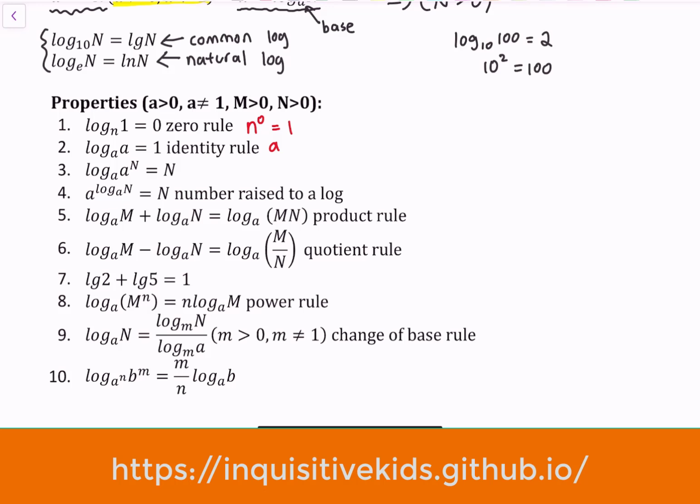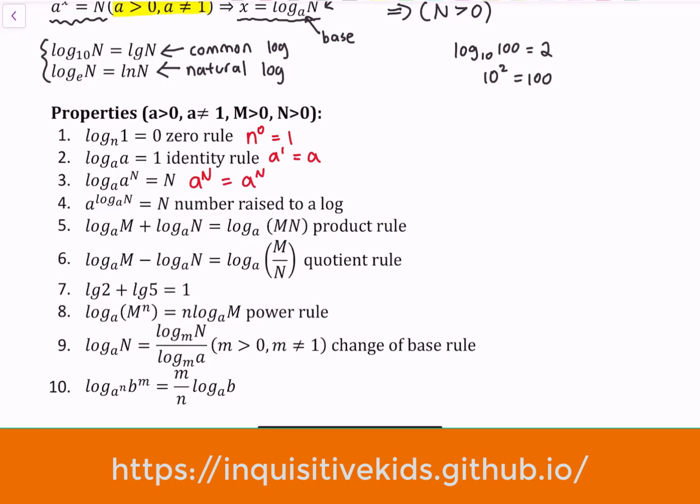If you take any number and raise it to the power of 1, you are still left with that number. Now, how does the third one work? Well, if we take the base, raise it to the value of the argument, this indeed gives us a to the power of n.